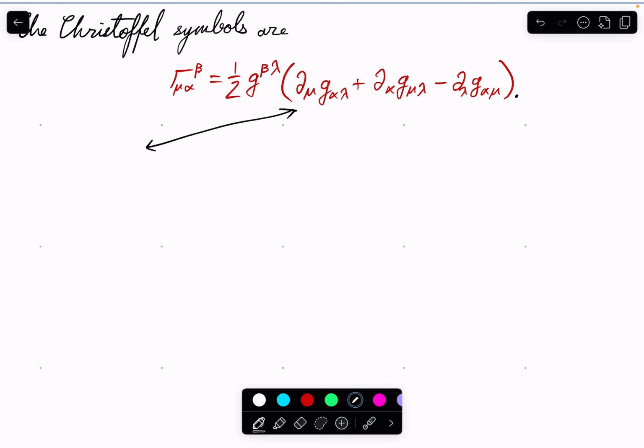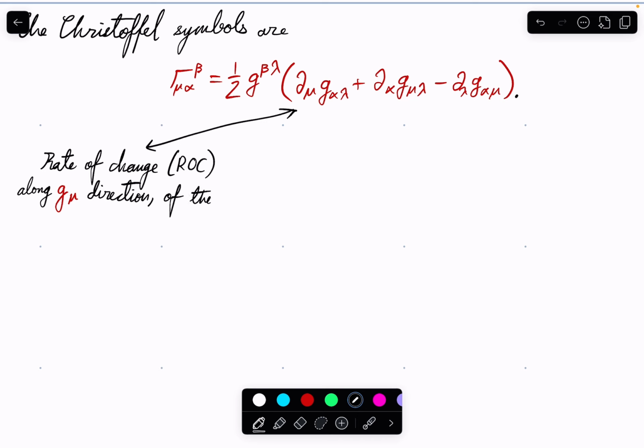But let's consider what this is. So this right here is the rate of change, which I'm just going to call the ROC now, along the g mu direction of the g alpha and g lambda overlap.